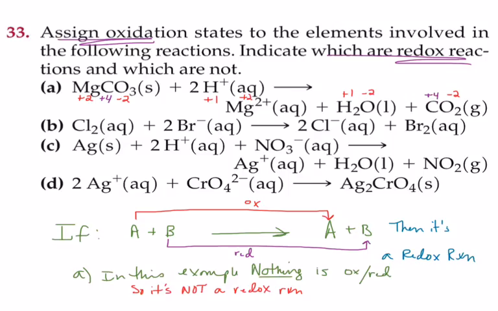Notice the magnesium went from +2 to +2, carbon from +4 to +4, oxygen from -2 to -2, hydrogen from +1 to +1. There's no redox chemistry going on. So for your homework, you don't have to do A if you don't want to. Just say Mrs. Snipes did it in class. It's not a redox reaction. So you can do B, C, and D.